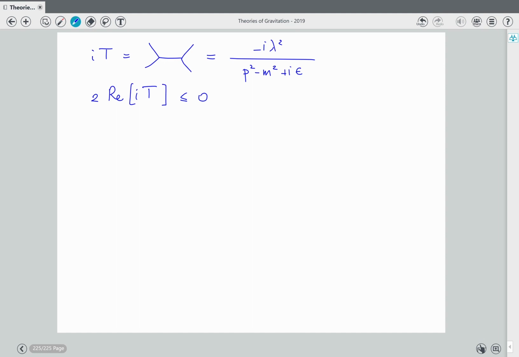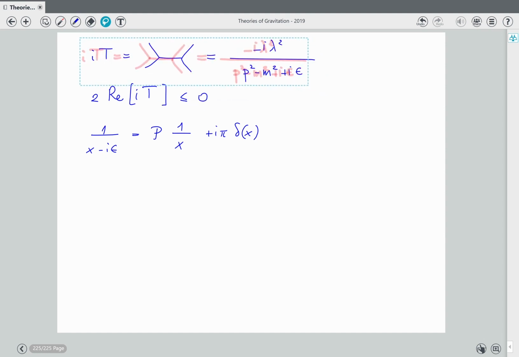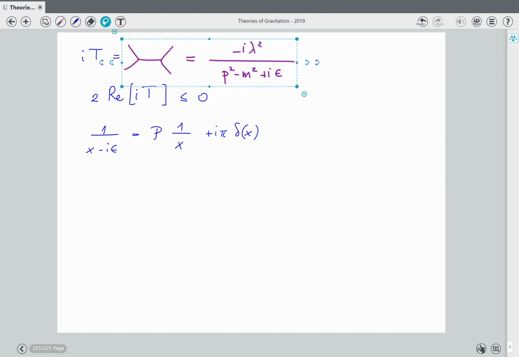And we can use the identity we wrote the other time that says that this thing is the principal value of 1 over x plus I pi delta of x. And we apply it to our diagram. Our diagram is minus I lambda squared times something like that.